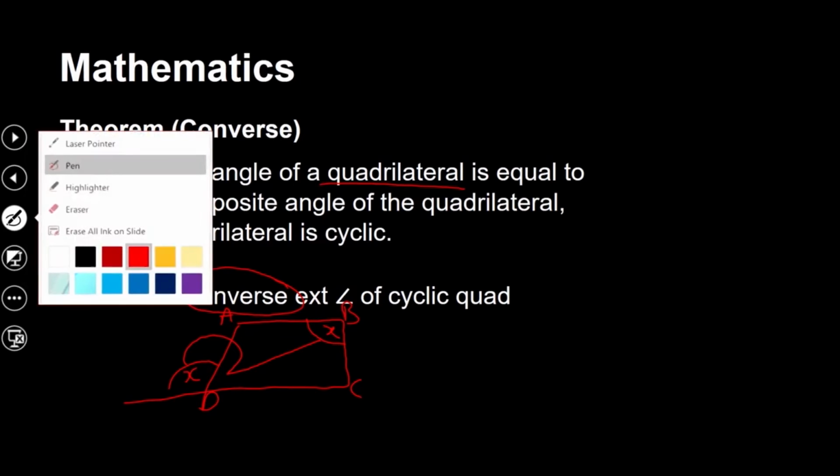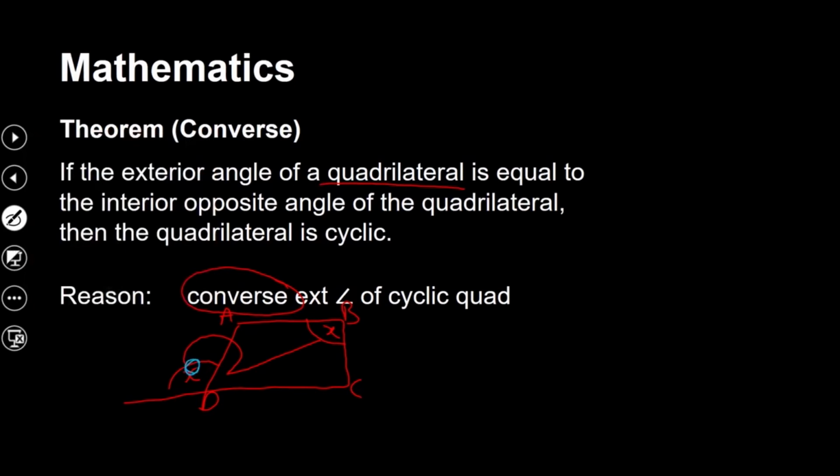Let me even show you. The exterior angle, which is this, is equal to the interior opposite angle there. Exterior is equal to interior opposite. That's what you need to be thinking about going forward.